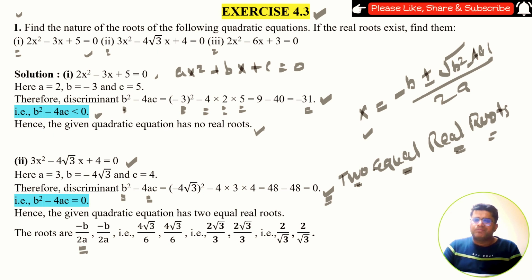Here b square minus 4ac is equal to 0. Then what do we find here? x is equal to minus b by 2a, and another value of x is also minus b by 2a. This is very simple. Put the value of b and the value of a and simplify this fractional number, and lastly you find 2 by root 3 and 2 by root 3. I hope you understand this solution.